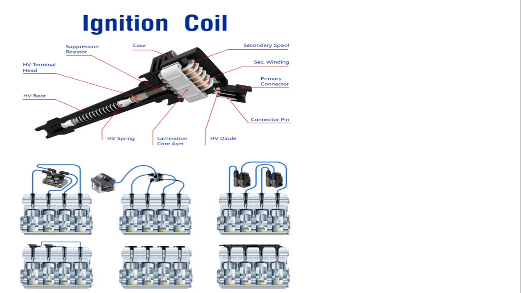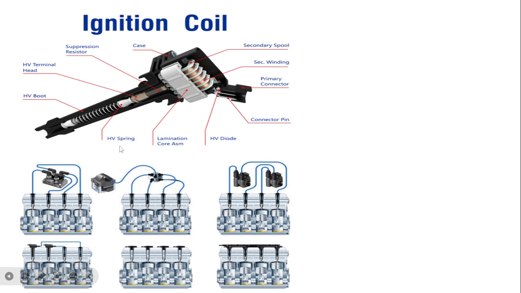Now in the next window we'll see some construction, or cut section, of the ignition coil, and how the ignition coil produces the spark, right? So here you can see the secondary spool, here is the primary conductor, and this is the casing, the outer black color.